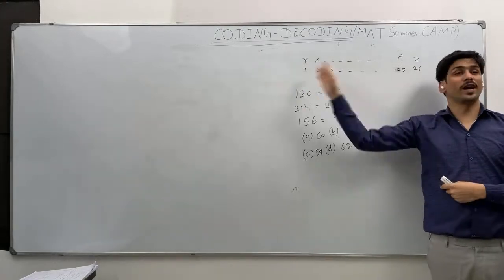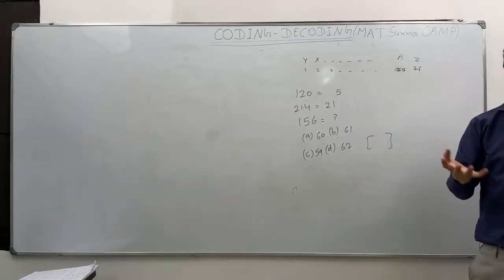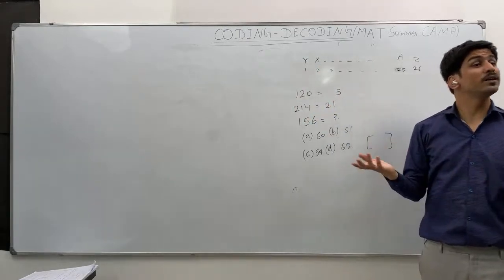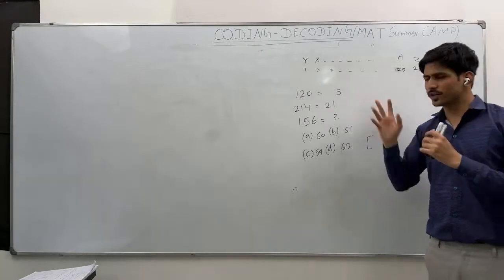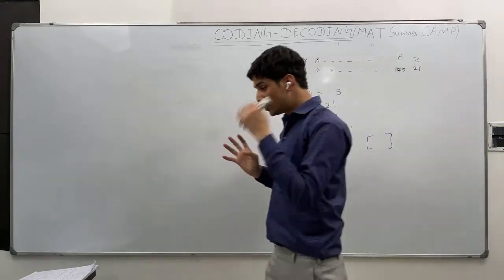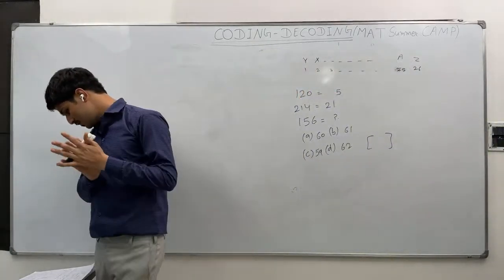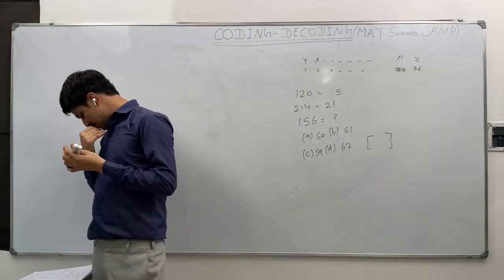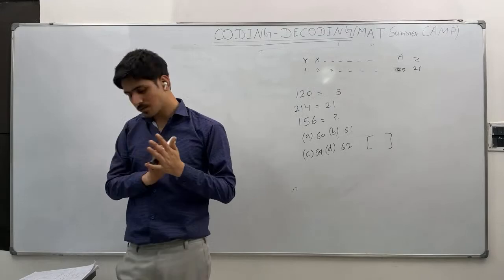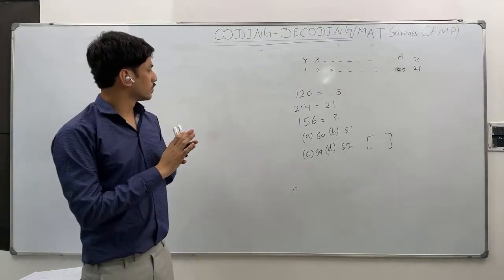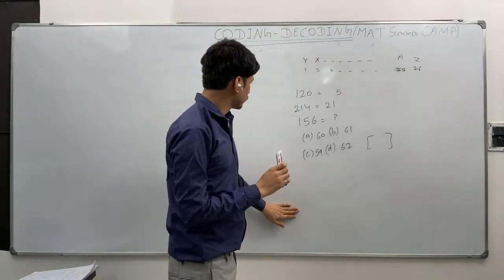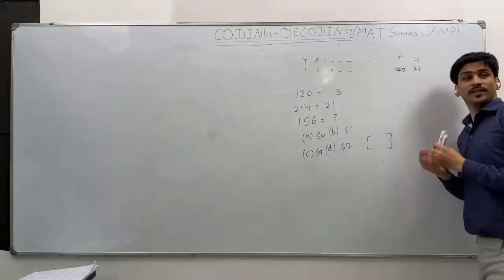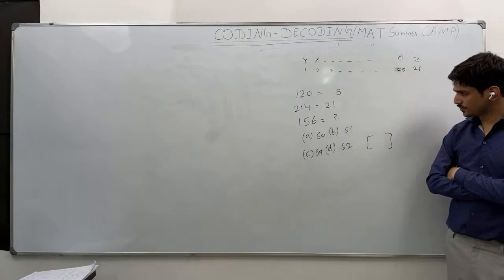Like how we got 5 from 120. Maybe number of divisors, maybe some addition we have done, maybe multiplication we have done, maybe something else, right? Like how 120 to 5 is possible. Think how can we solve this?